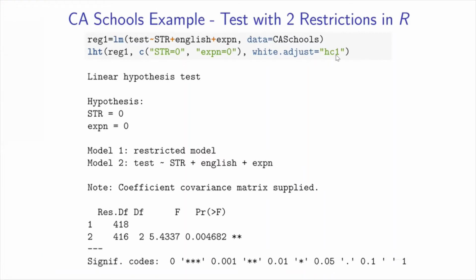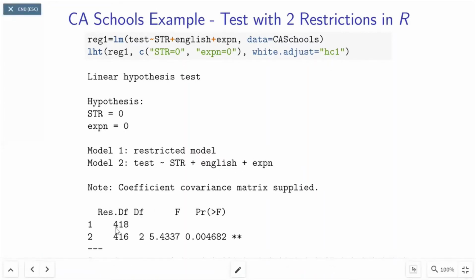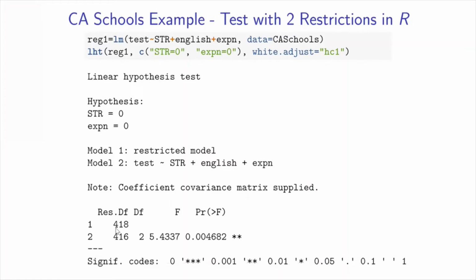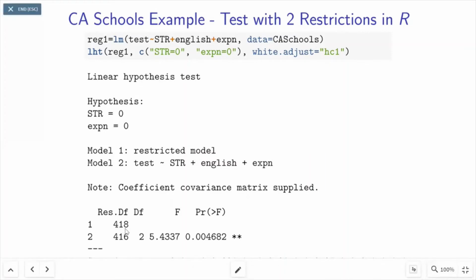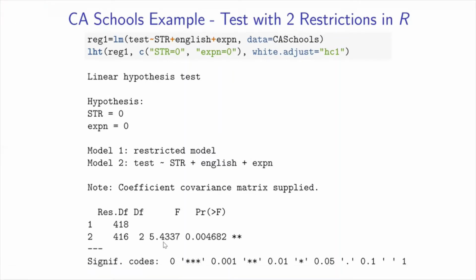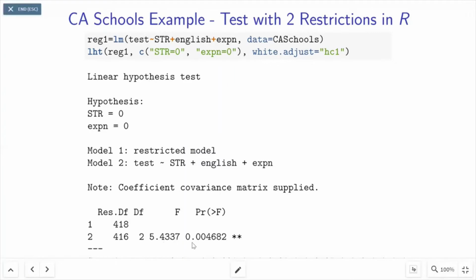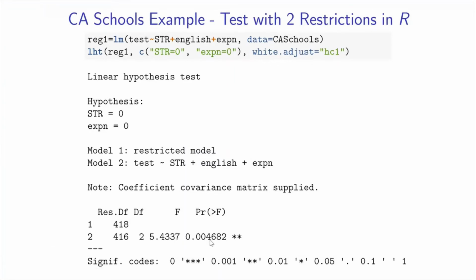The result shows that before the restriction, the degrees of freedom in the data sample is 418. After placing two restrictions, the degrees of freedom is reduced to 416. The F-statistic is 5.4, which is greater than the critical value around 3. The corresponding p-value is 0.004, which means that we have enough evidence to reject the null at the 1% level.